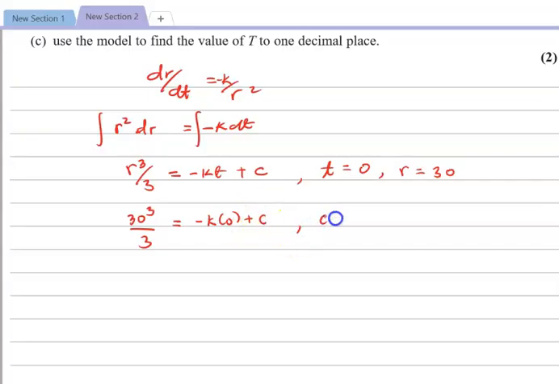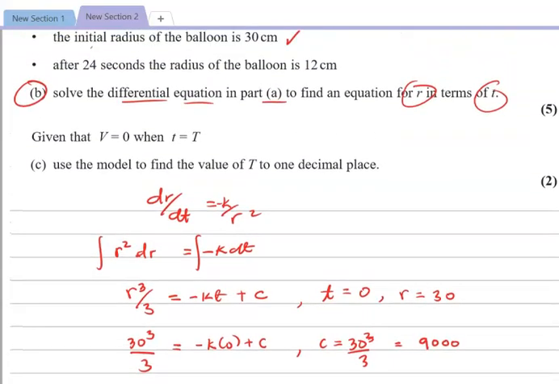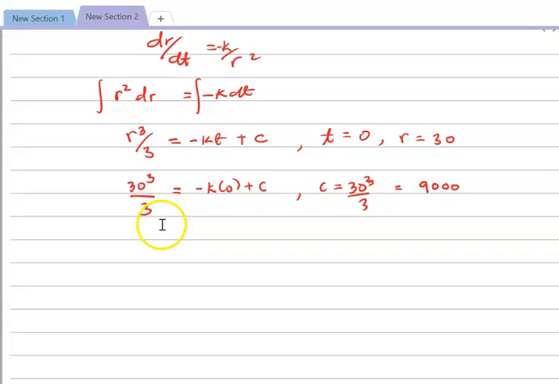You see that c is equal to 30 cubed over 3, which is 27,000 over 3, which is equal to 9,000. Now, the next condition which has been given is that after 24 seconds, the radius of the balloon is 12. So after 24 seconds, the radius r is equal to 12.